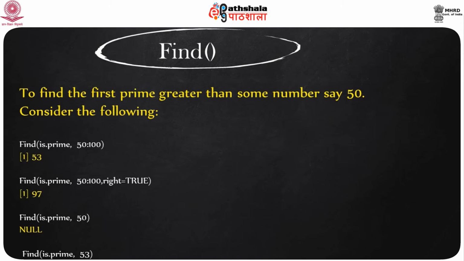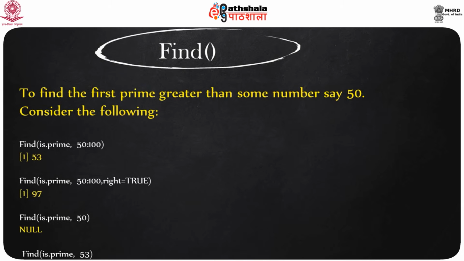Now, whenever a prime number is obtained, the output will be shown and the function will stop working. Similarly, if you just put right equal to TRUE here as an additional argument, then it will start finding the prime number from the right, and here is the output, which is 97.